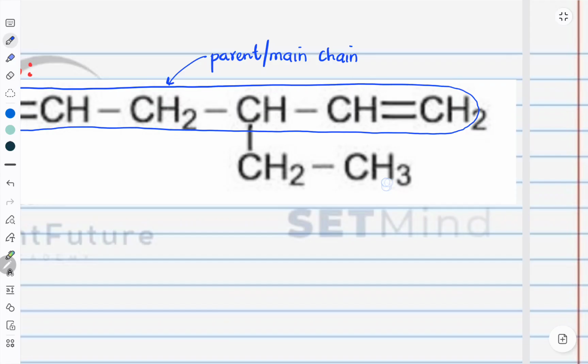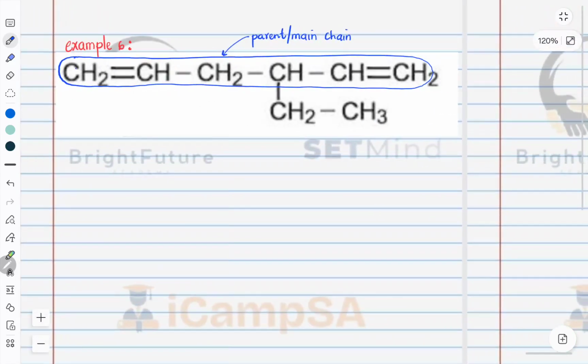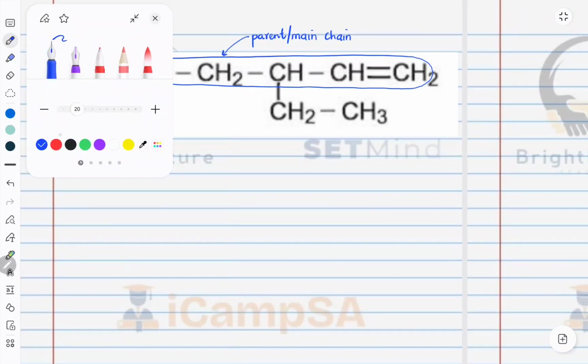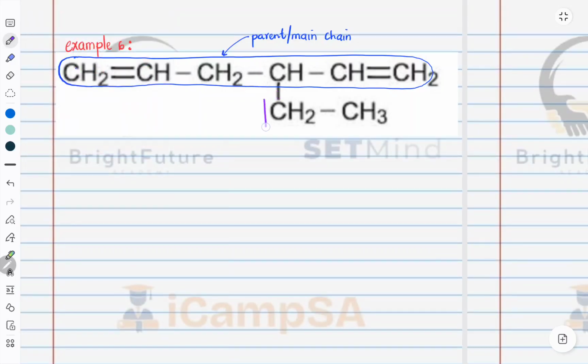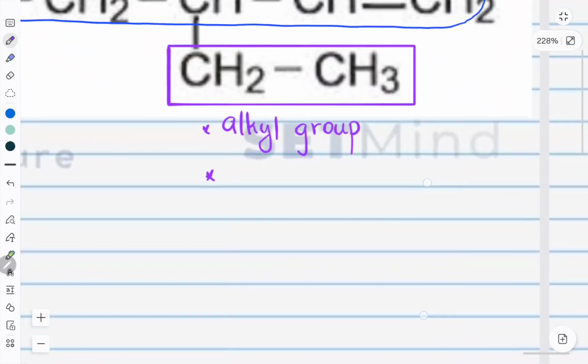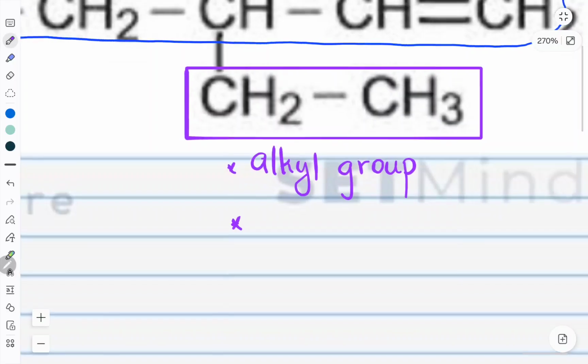These words are used interchangeably. All right, so we have that, and then now it means we have an alkyl group now. This is our alkyl group. And our alkyl group has two carbon atoms. What that means is it has to be an ethyl group.